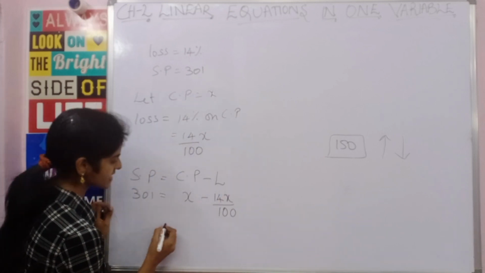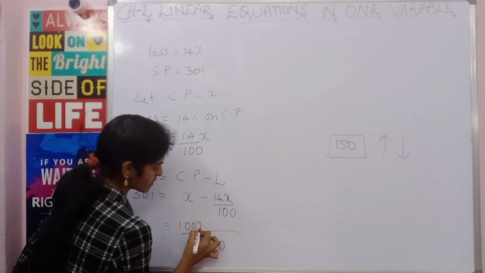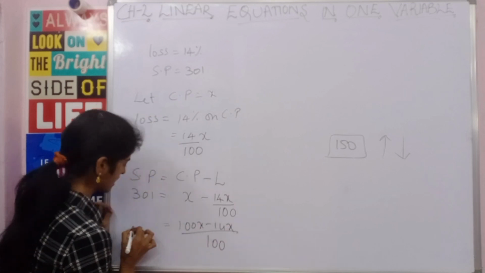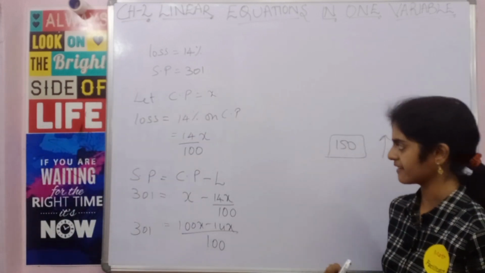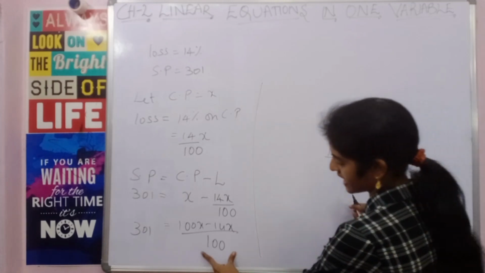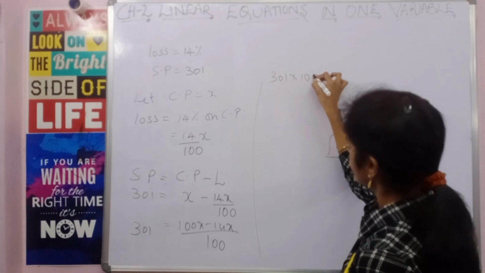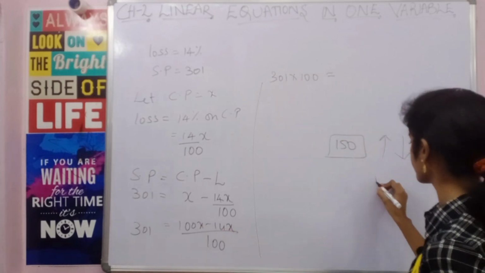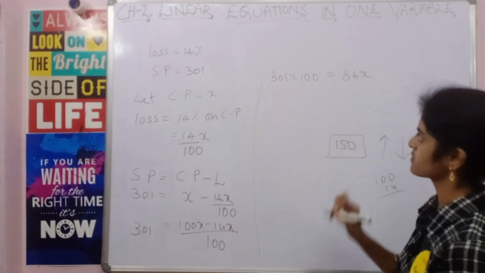So this is nothing but solving, taking LCM 100, this is 100x minus 14x. So 301 is equal to 100x minus 14x divided by 100. So take 100 to the other side, so it is 301 into 100 is equal to 100x minus 14x, which is 86x. Clear?